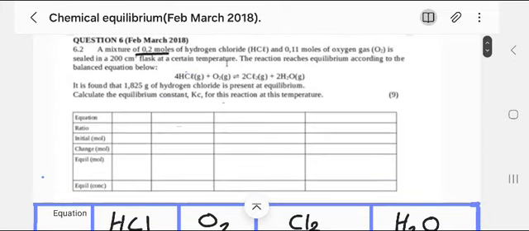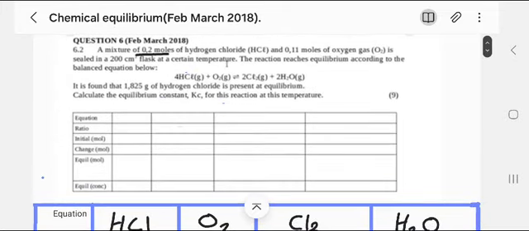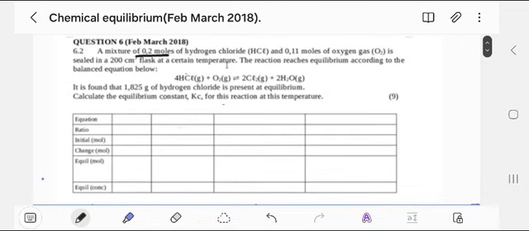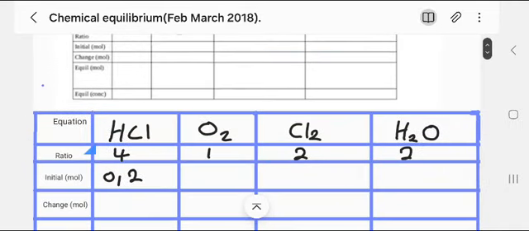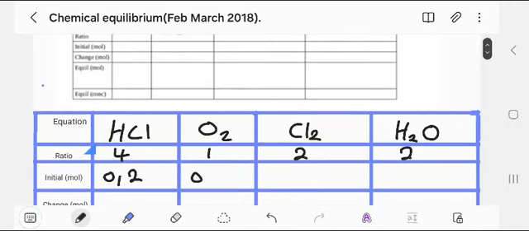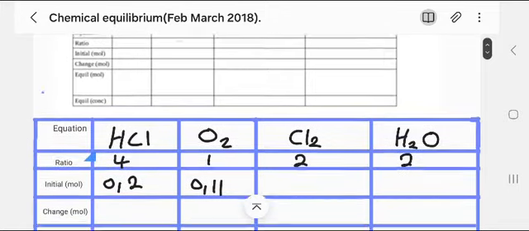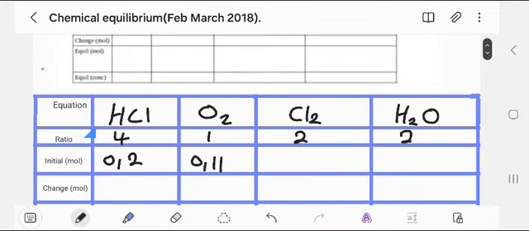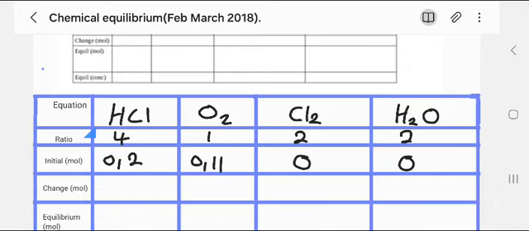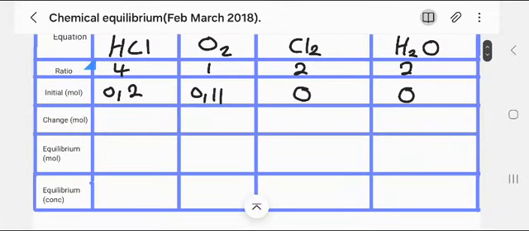Then of oxygen we also have 0.11 moles. Then we are not given the products, but the products will be 0 initially, because we started with the reactants and the products had nothing when we were starting.